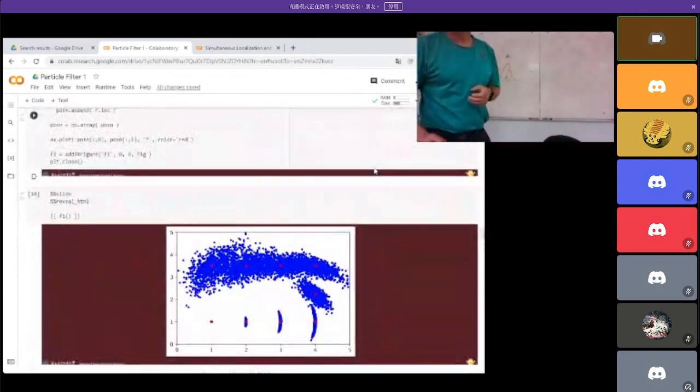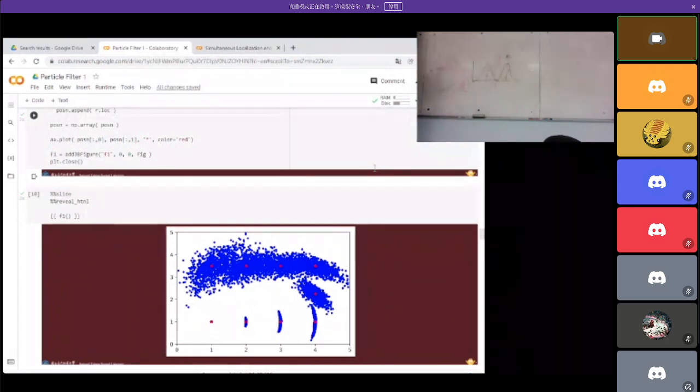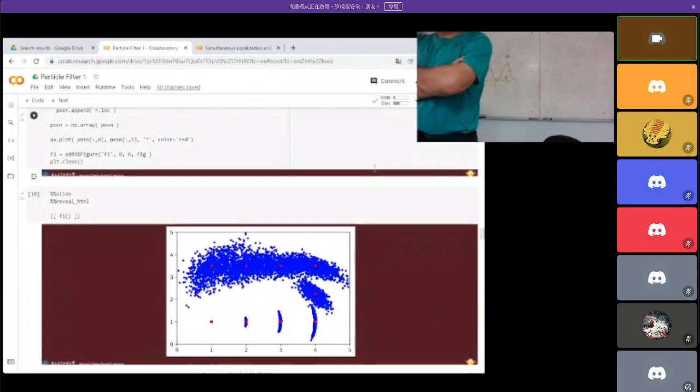Here I don't have any sensor reading, so each one of the dots has the same probability. Now, given this kind of representation, what would determine the position of my robot? How would I determine the position of the robot?